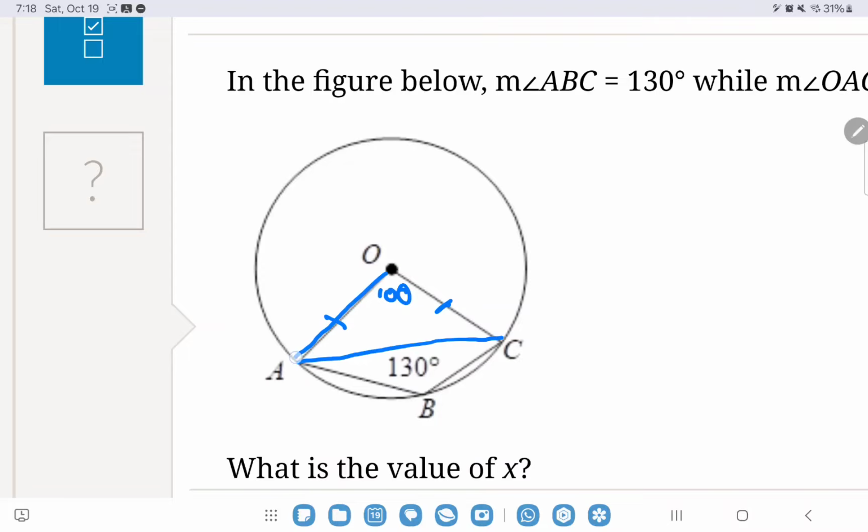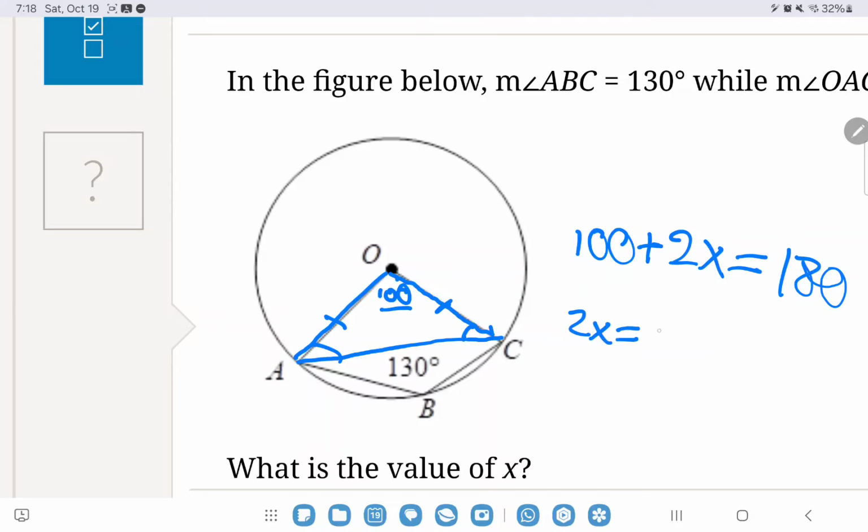It's because they are two radii in the same circle, and radii are always congruent in the same circle. So if this is 100, we know that base angles are congruent. So 100 plus 2x equals 180. 2x equals 80. So x is equal to 40. And that's how you find the answer to this question.